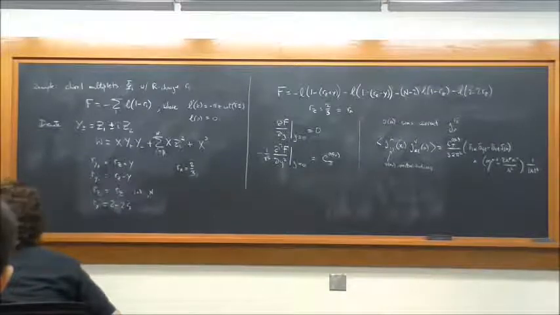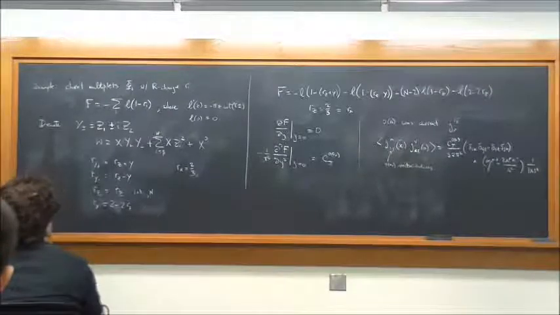And then one can use the conformal bootstrap to actually show that for n bigger than 3, this is inconsistent. So with the bootstrap, we show this is inconsistent.